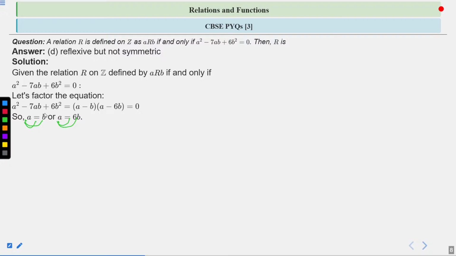So we are getting A equal to B. Any other thing we are getting, it's fine.